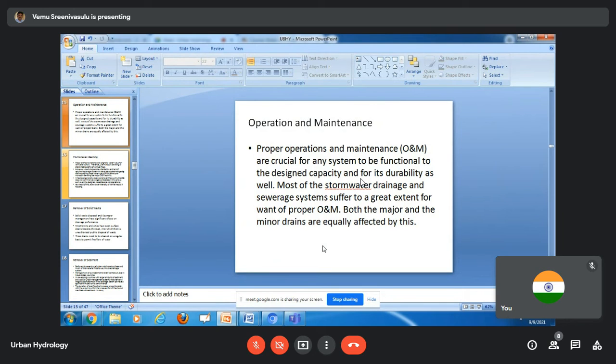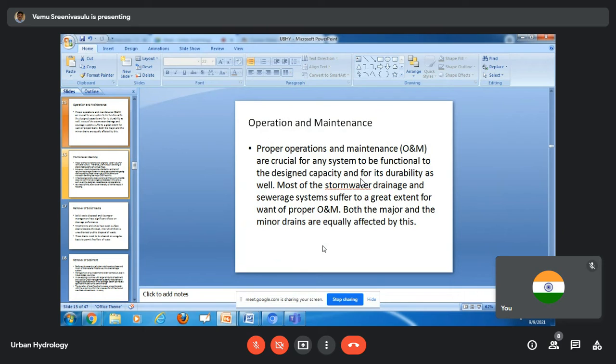So operation and maintenance of the drainage system is very, very important. Proper operation and maintenance are crucial for any system to be functional to the designed capacity and for durability as well. Most of the stormwater drainage and sewerage systems suffer to a great extent for want of proper operation and maintenance. Both the major and the minor drains are equally affected by this.